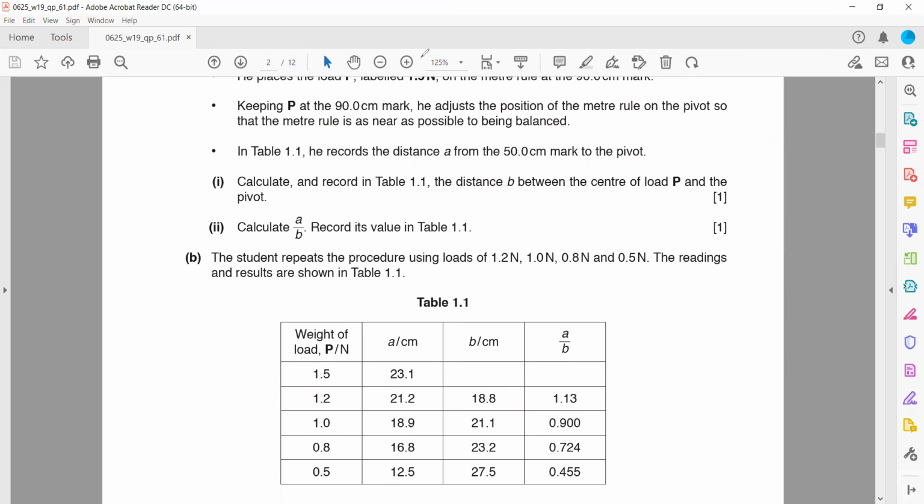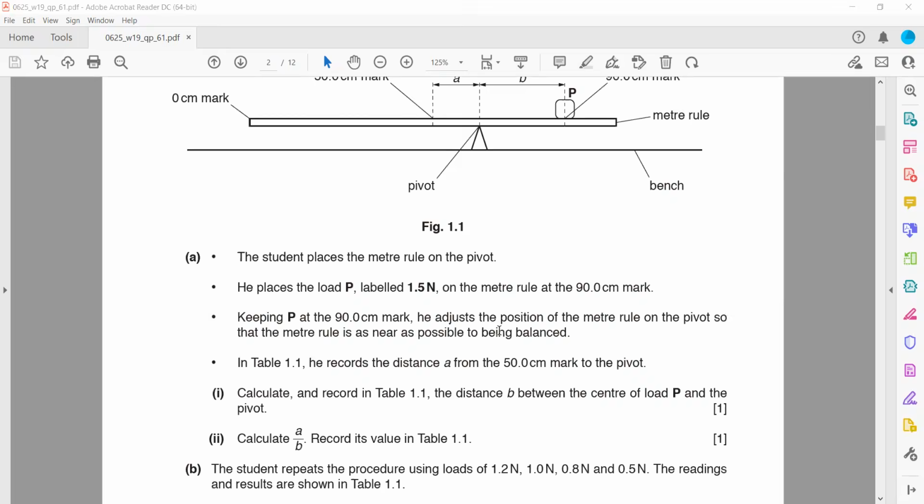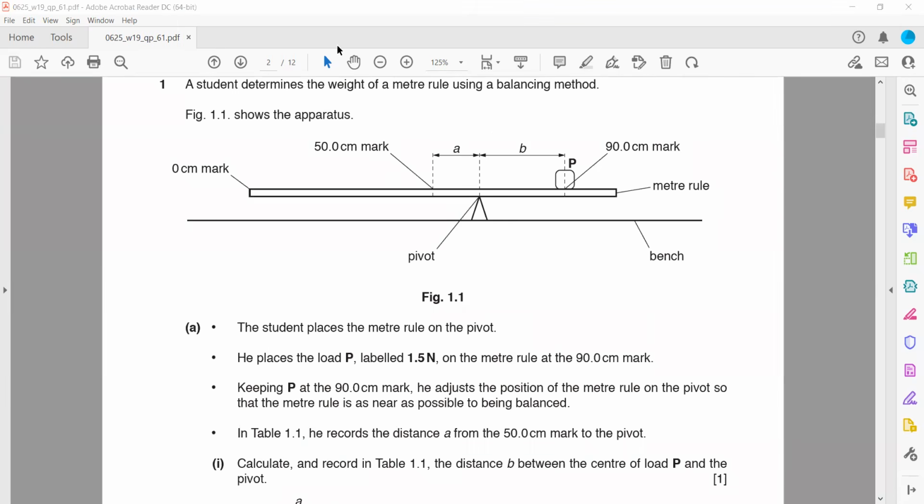Look, what is the total distance between the weight at the 50 centimeter mark and the 90 centimeter mark? The total distance is 40 because it's starting from 50 and ending at 90. So the total distance is 40 centimeters.